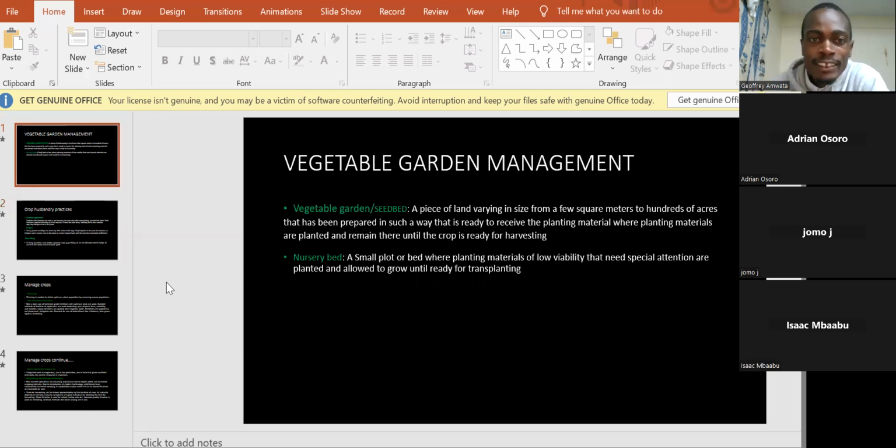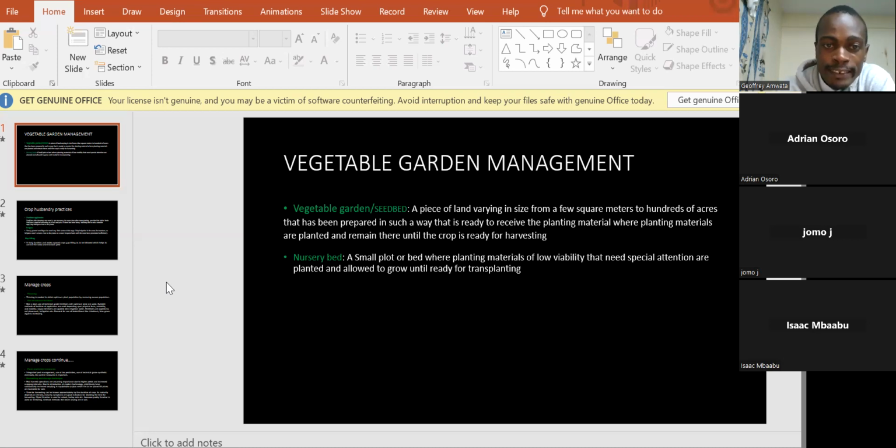What's a vegetable seedbed? This is a piece of land varying in size from a few square meters to hundreds of acres that has been prepared in such a way that it is ready to receive the planting material, where planting materials are planted and remain there until the crop is ready for harvest.